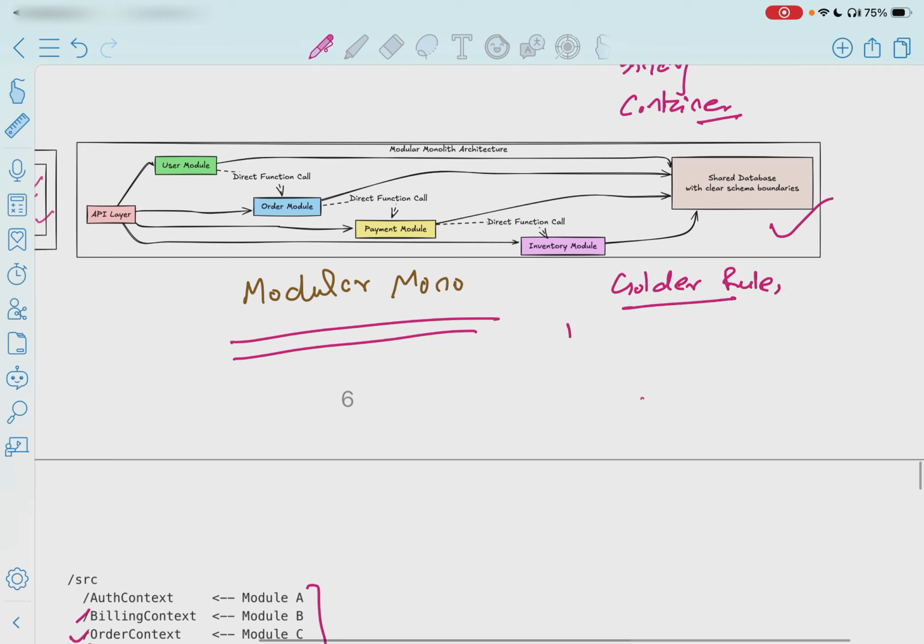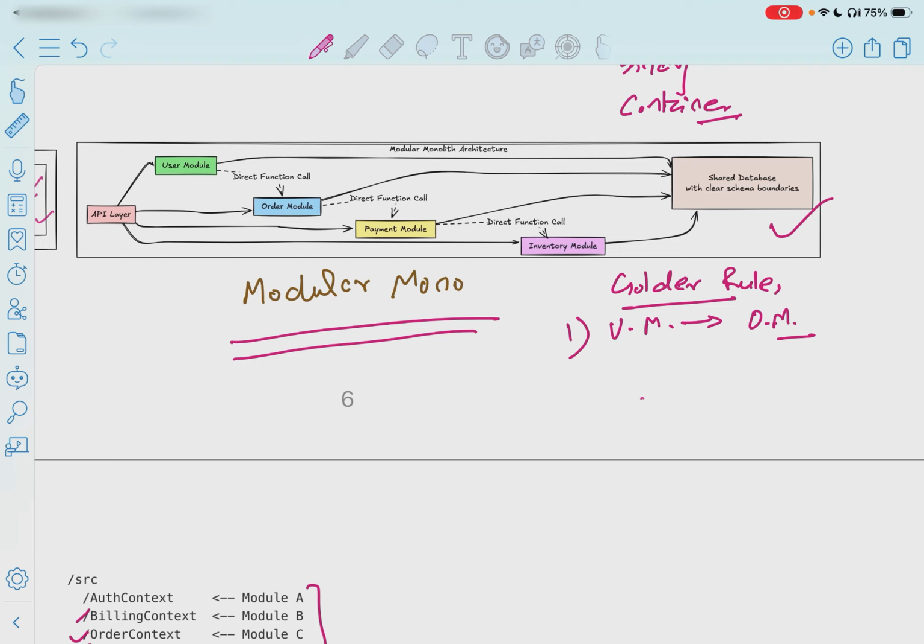So the first rule is that none of our modules should go and import code from another module. So the user module cannot import internal code or business logic of the order module. This is rule number one.